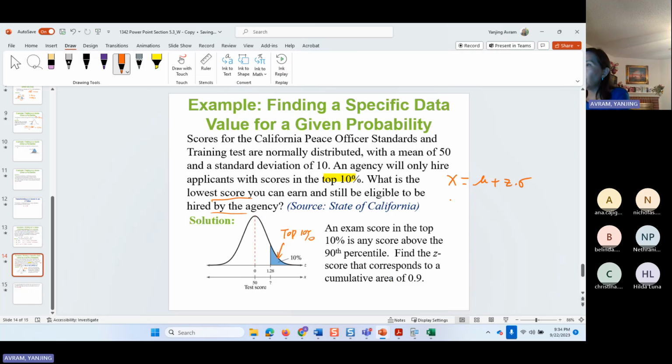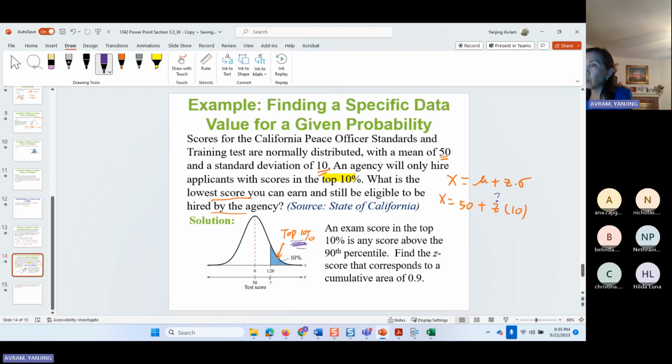We have mu, the mean, which is 50. The Z-score I do not know, but I do have the standard deviation of 10. So as long as I can find a Z-score, I will be able to calculate this data value, the lowest test score. The Z-score connects with the percentage of the probability. I have the top 10%, so I need to find a Z-score.